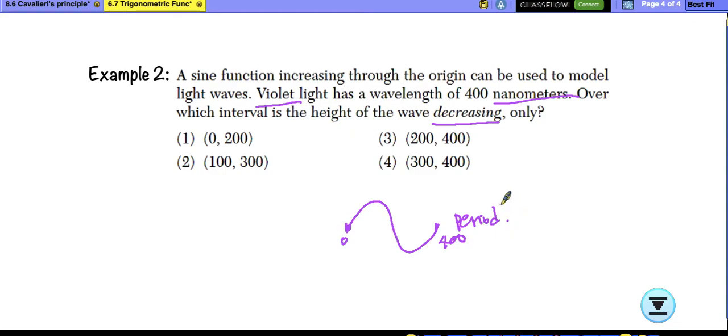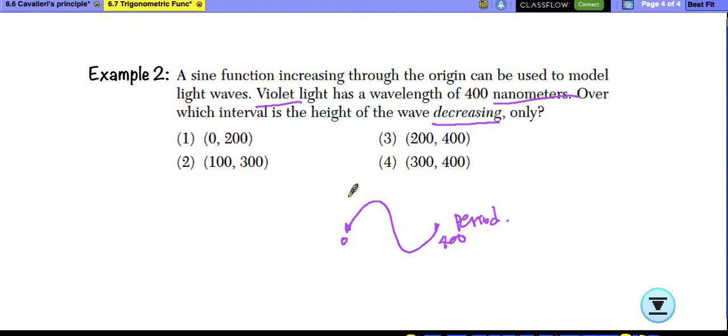Okay, so we say which interval, meaning from 0 to 400, which part is the height of the wave decreasing? So the height of the wave, you can see it goes up, then goes down.